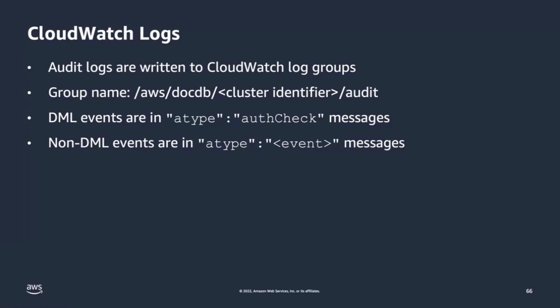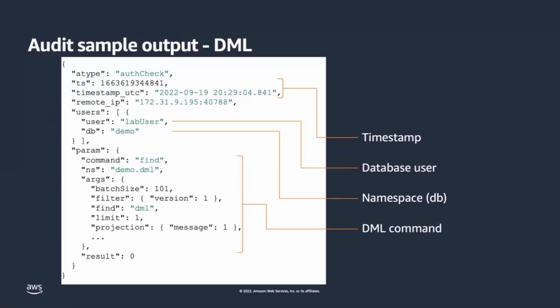If you're auditing authenticate events, those will be auth check messages, and DML is also going to be auth check messages. Just something to be aware of there. All other events are going to be logged in action type messages corresponding to the action. If it's rename collection, A type is going to be rename collection. If it's drop user, A type is going to be drop user, and so on.